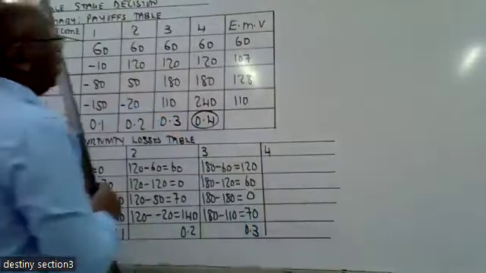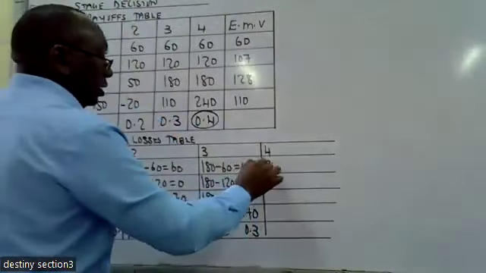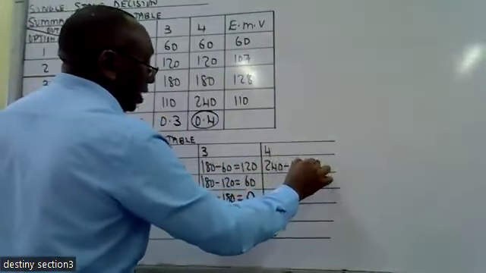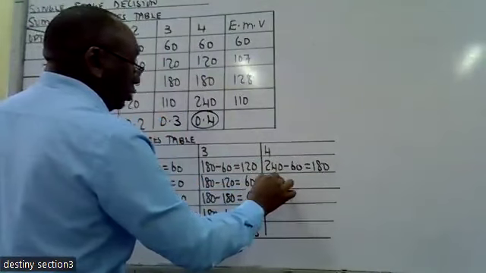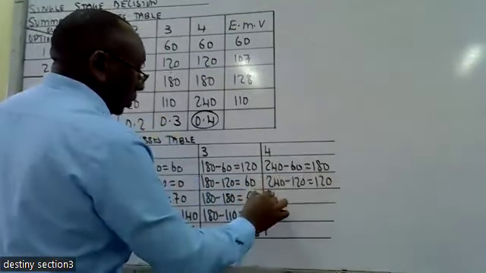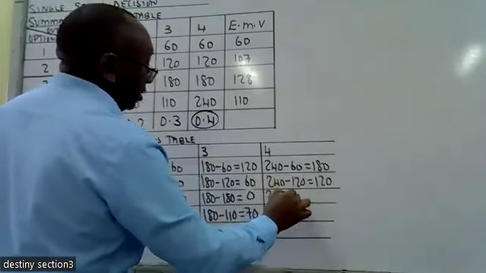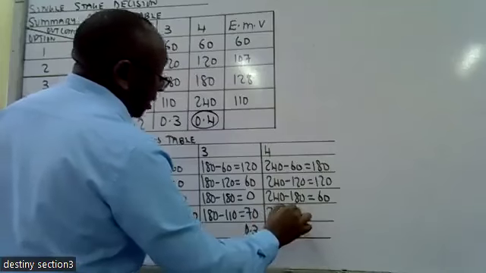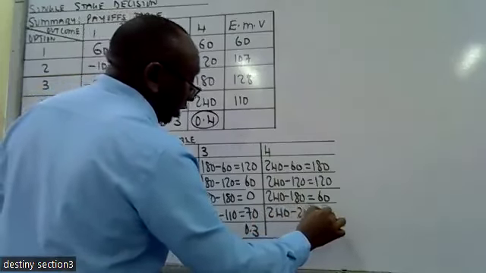Number 4, the highest is 240. So 240 minus 60 is 180. 240 minus 120 is 120. 240 minus 180 is 60. 240 minus 240 is 0.